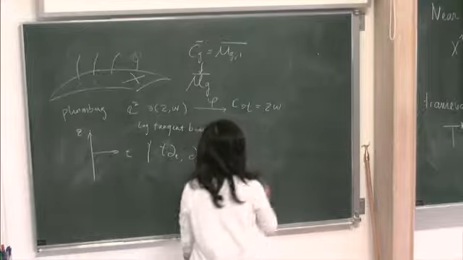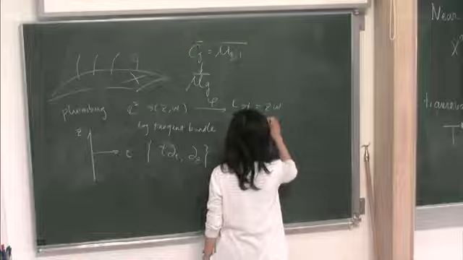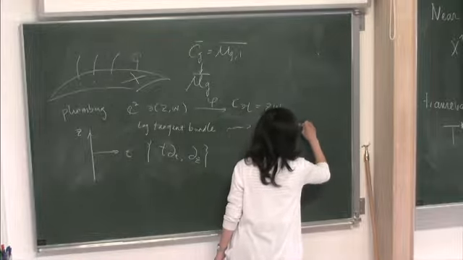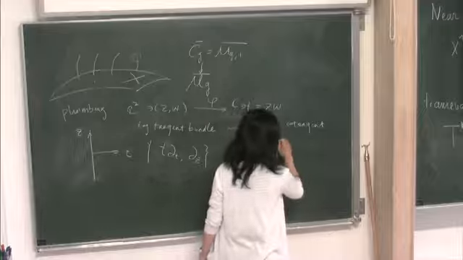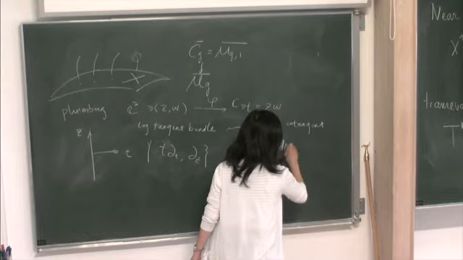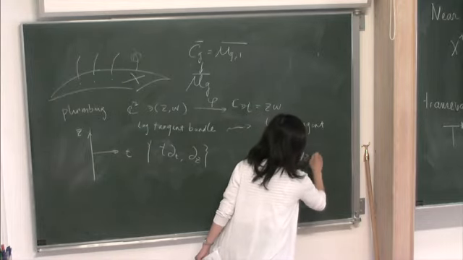And then by duality, there's the log cotangent bundle, which is locally spanned by dt over t and dz.